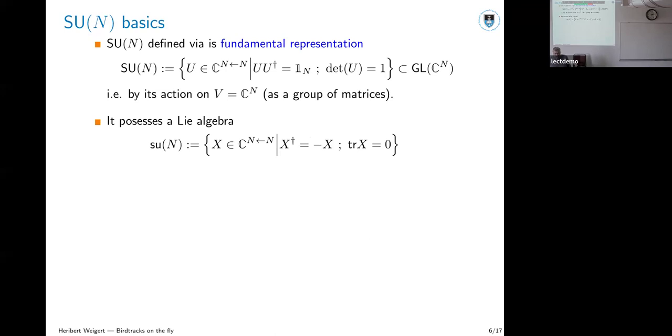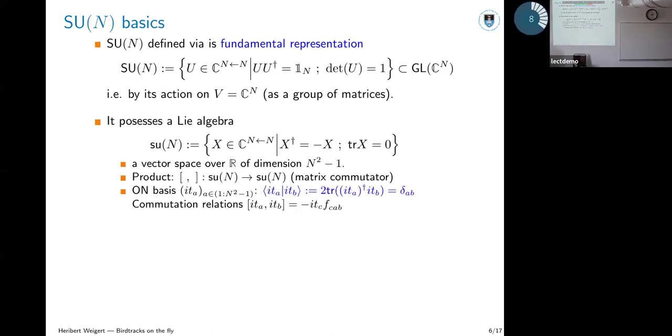Now, irrespective of the fact that the matrices themselves have complex entries, the vector space must be real, because imagine you have an anti-Hermitian matrix and you try to form linear combinations, and these prefactors have imaginary parts in there. Taking the complex conjugate, it's going to mess with the anti-Hermitian property, right? The trace condition is also not hard to get.